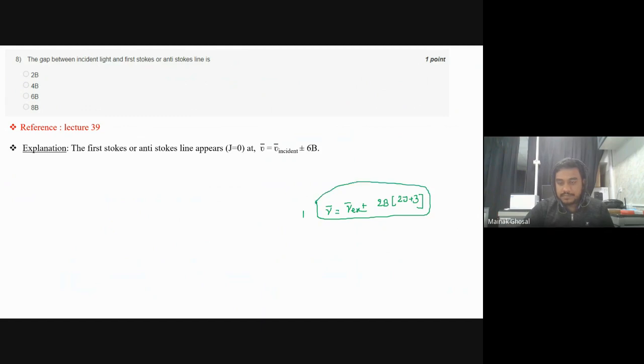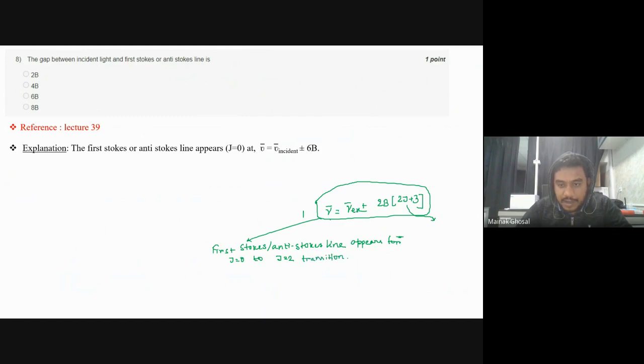If you put J equals 0, from here I can write that the first Stokes or anti-Stokes line appears for the J equals 0 to J equals 2 transition, right?